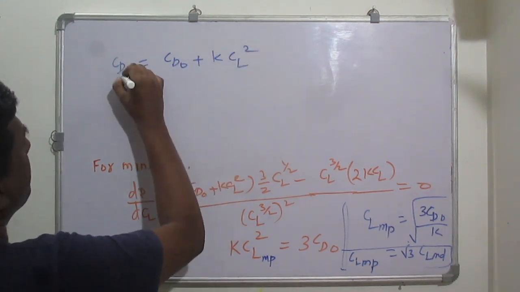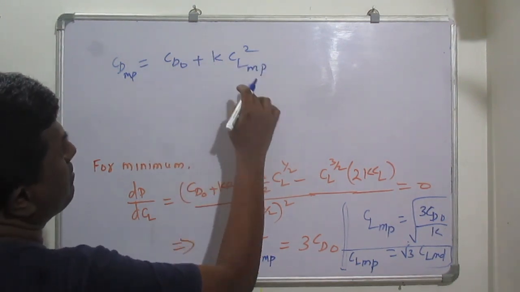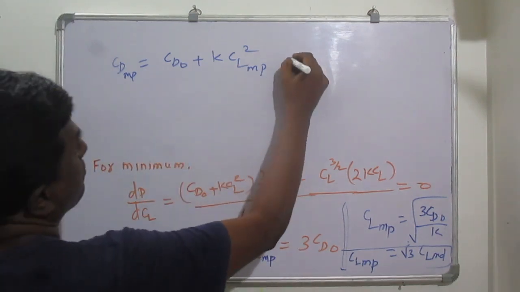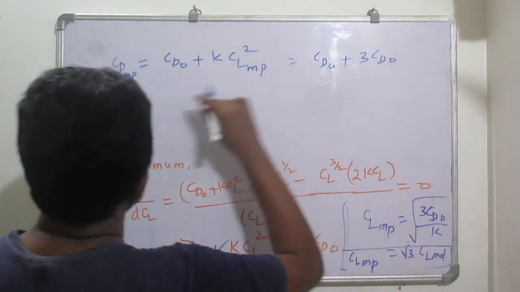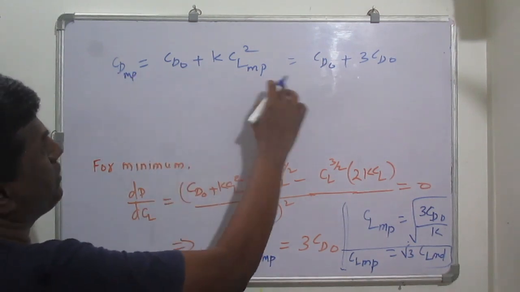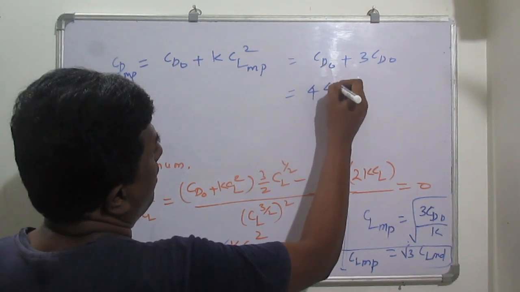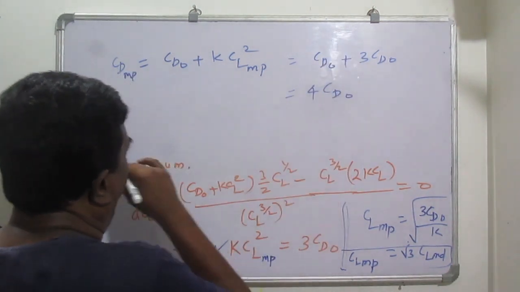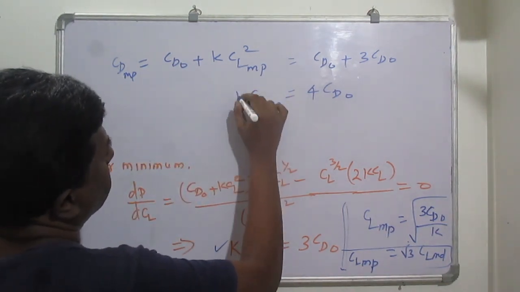When we say CD minimum power, this KCL square at minimum power is the term we replace. So CD minimum power equals CD naught plus 3 CD naught, which is nothing but 4 CD naught.